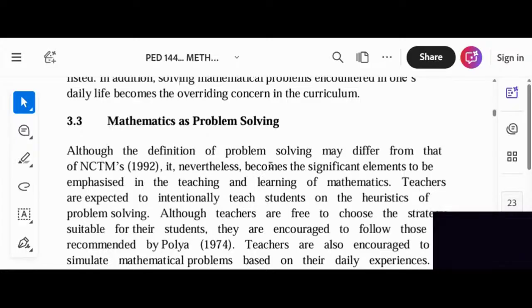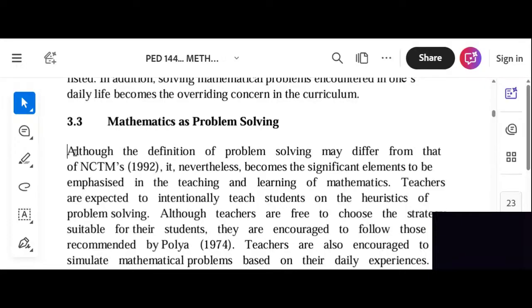Although the definition of problem solving may differ from that of the NCTM in 1992, it nevertheless becomes the significant element to be emphasized in the teaching and learning of mathematics. Now, teachers are expected to intentionally teach students the heuristics of problem solving.